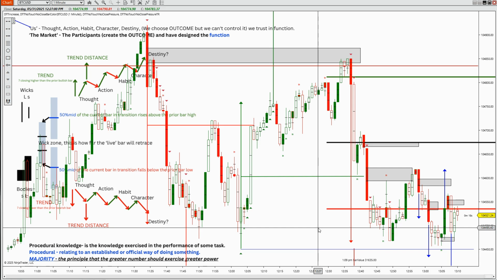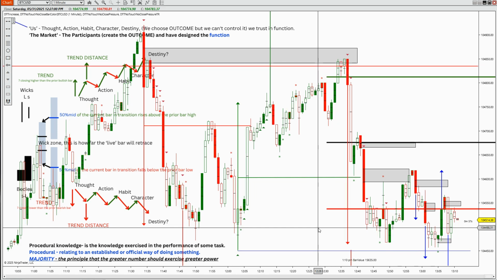So me describing the market to you again is me trying to make sure that you understand that this is a decision place. It's full of professionals, no beginners or intermediates. Well, they do show up, they just don't win. So when it comes to this information, I want you to see the chart as a decision place that's full of procedural information. All right.